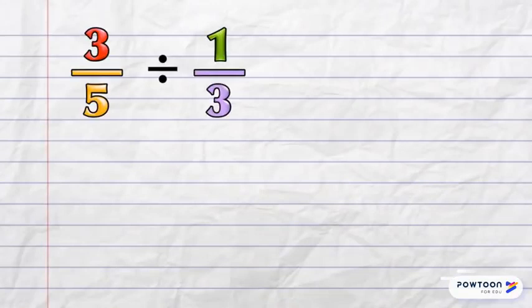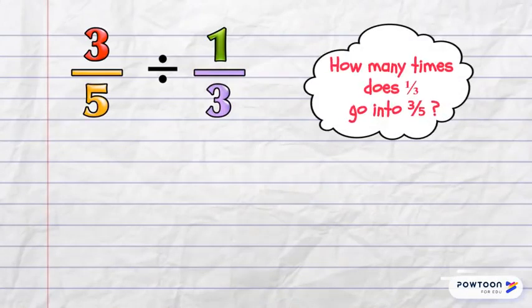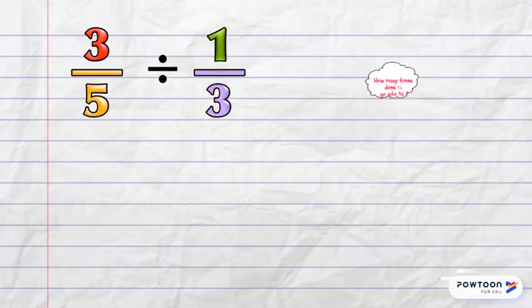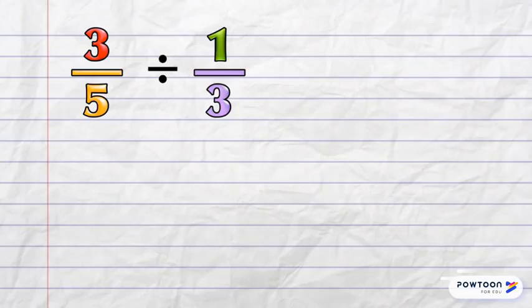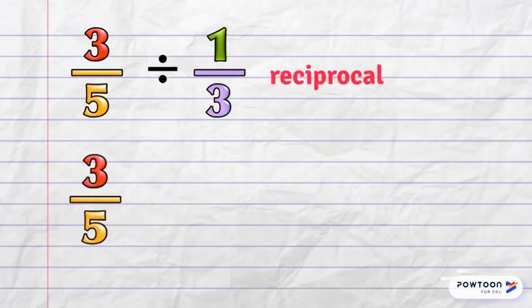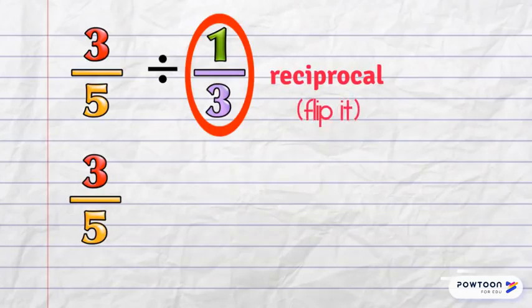3/5 divided by 1/3. And remember, it means how many times does 1/3 go into 3/5? I'm not using a diagram for this one, straight to the math method instead. Our fraction on the left stays the same. We get the reciprocal of the right-hand fraction. We flip it, and that gives us 3 over 1.